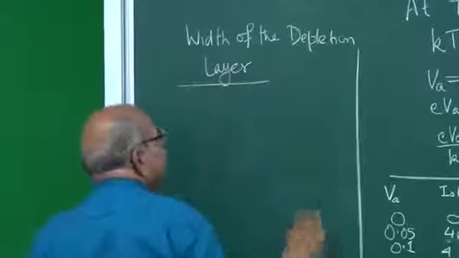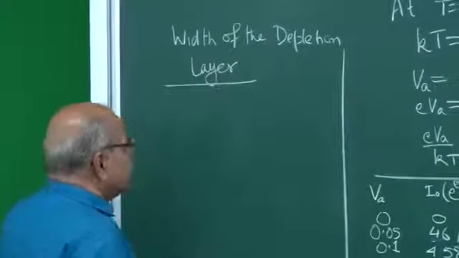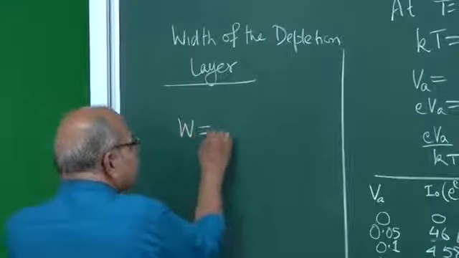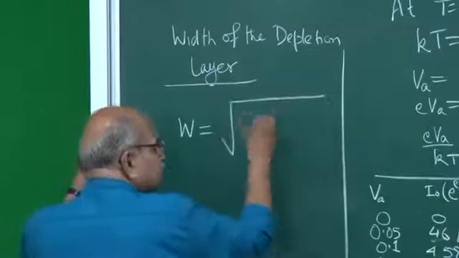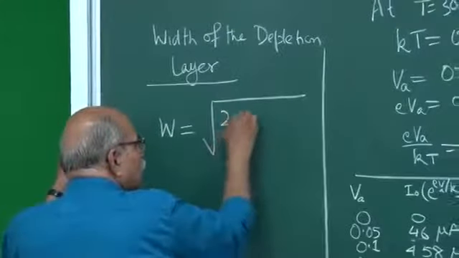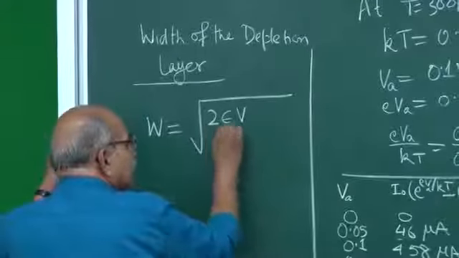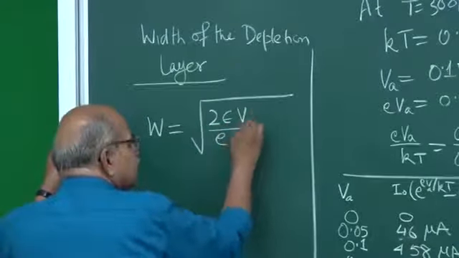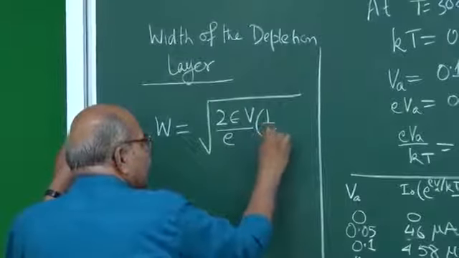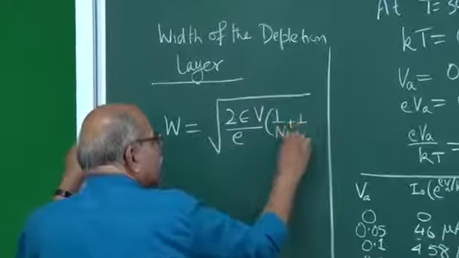We have derived that equation, that width was some square root of 2 epsilon, and this voltage appearing here, and then divided by e, 1 over NA plus 1 over ND, something of this sort.